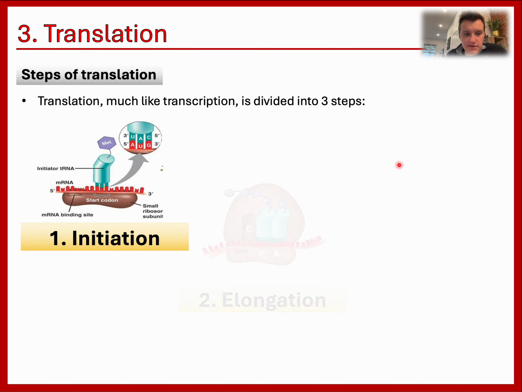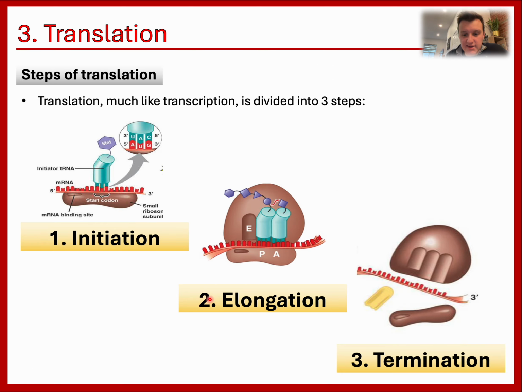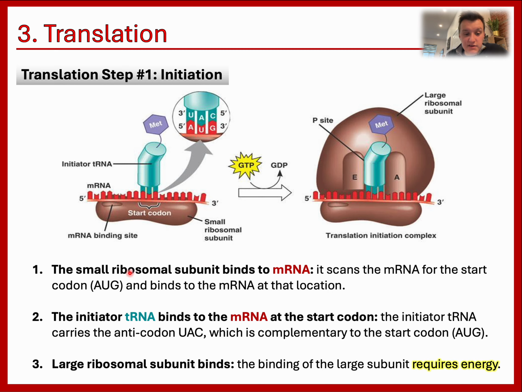Now, let's go back. So initiation, elongation, termination. So the small ribosomal subunit binds to this and goes and reads. Then it finds AUG, and it binds to the mRNA at that AUG site. And it says, perfect.